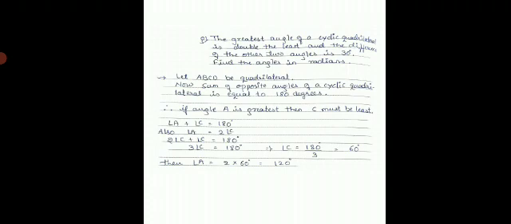So let's start. Let us consider ABCD to be a cyclic quadrilateral. Then the property says that the sum of opposite angles of a cyclic quadrilateral is equal to 180 degrees. Therefore, if angle A is greatest, then C must be least, its opposite angle.